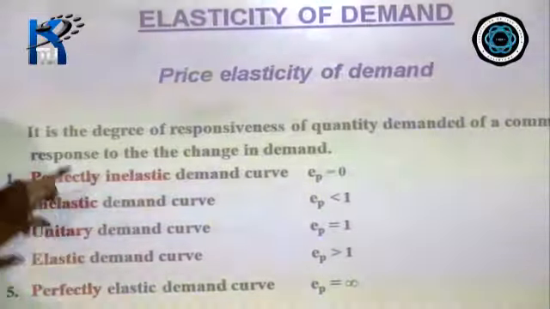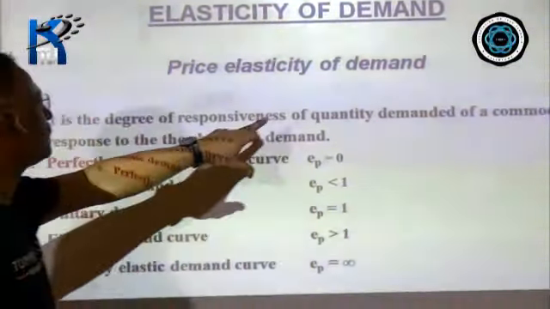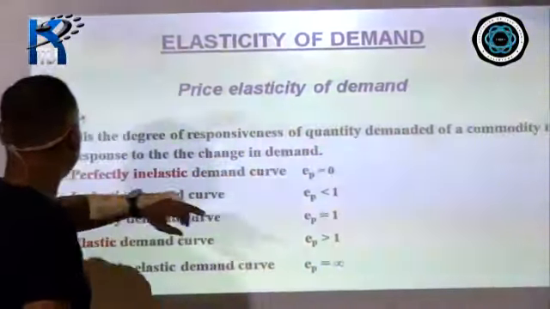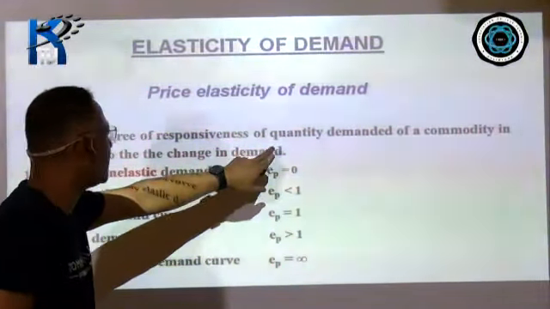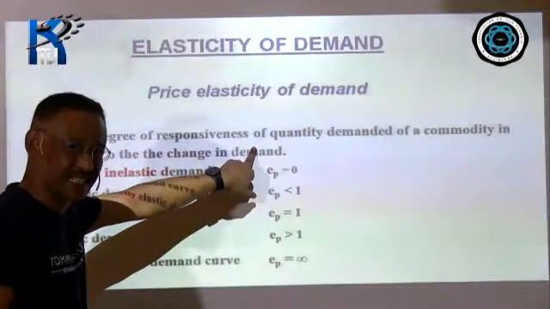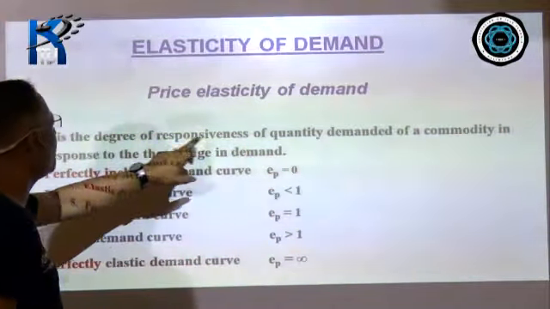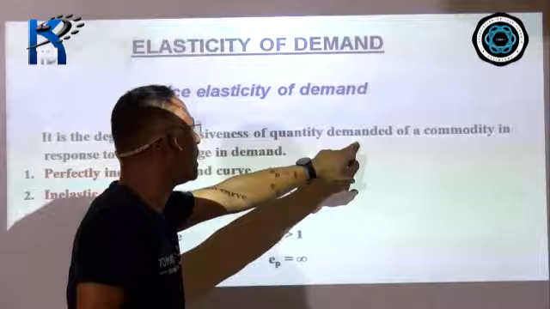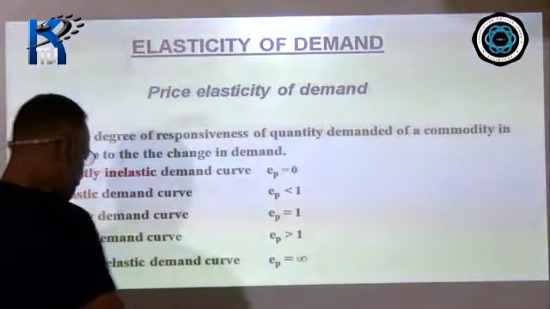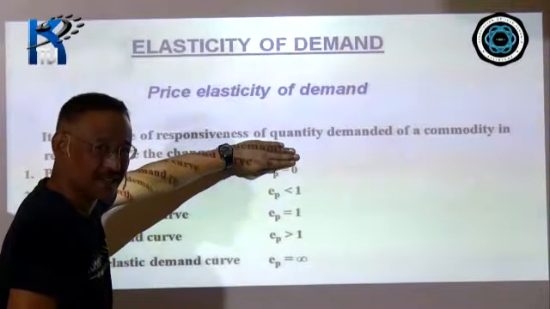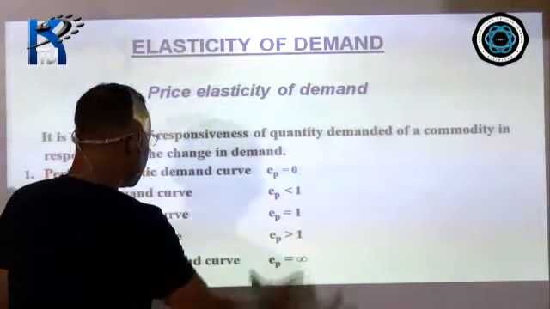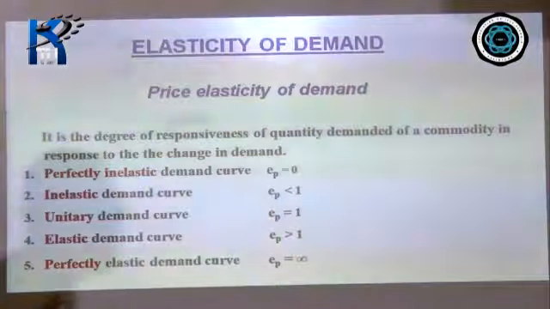It is the degree of responsiveness of quantity demanded of a commodity in response to the change in, this is a mistake here, it is not demand, please correct it, this is price. So it is the degree of responsiveness of quantity demanded of a commodity in response to the change in the price. I am going to explain elasticity of demand in detail in my next class.